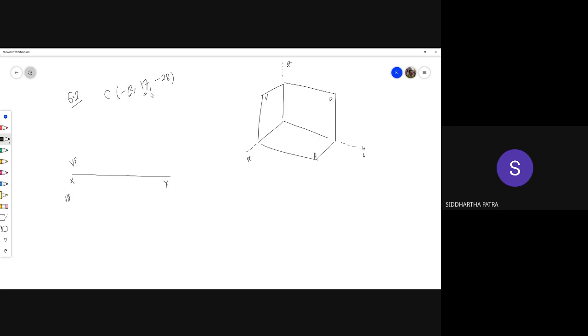So let's start with these two coordinates, 17 representing this much in front of the vertical plane, and minus 28 representing the 28 below the horizontal plane.